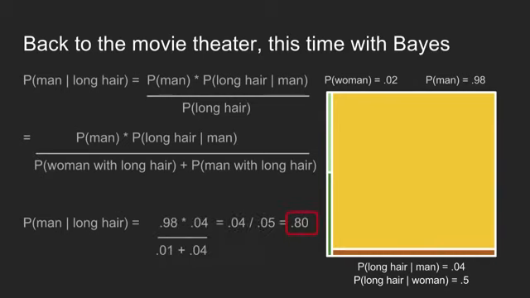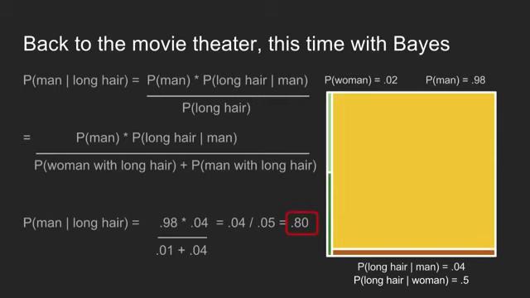Now, if they're in line for the men's restroom, because some of those probabilities change, that conditional probability changes. If someone's in line for the men's restroom and has long hair, there's an 80% chance that they are a man. And this is consistent with what we saw before. We know that there are 4 men and 1 woman for every 100 people in line for the men's restroom that have long hair.